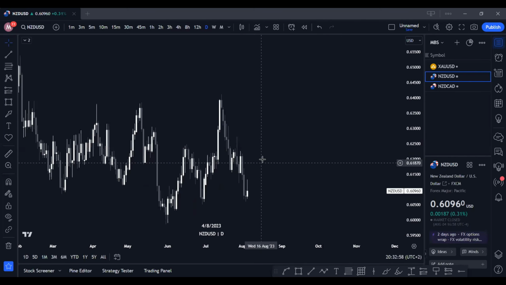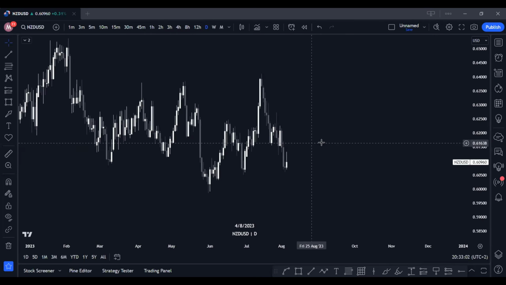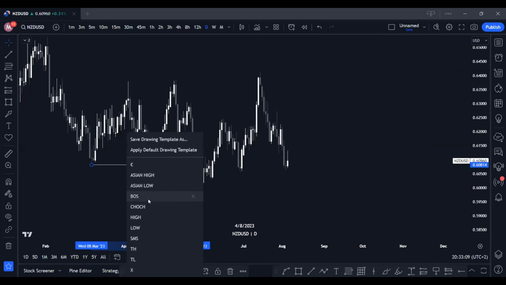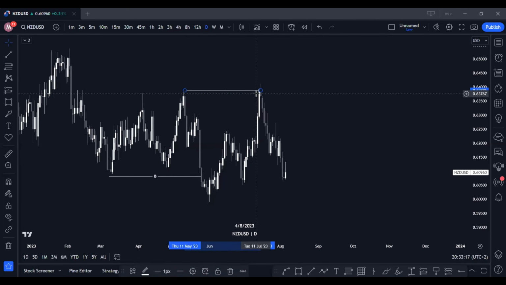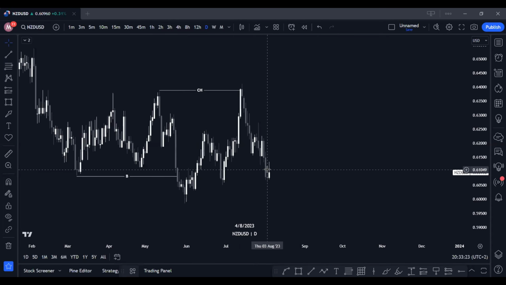On NZD, we can see here we have this break of structure, whereby price was pushing bearishly, and now price had just violated our previous lower high.